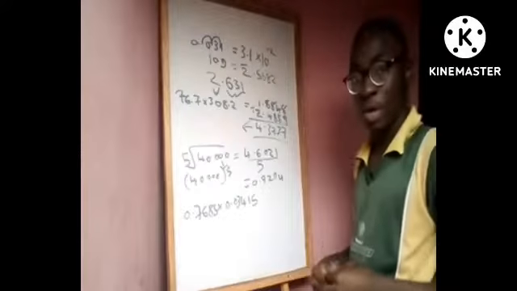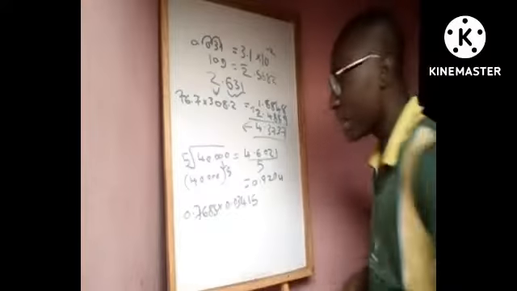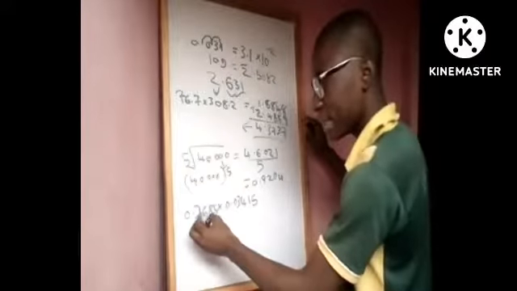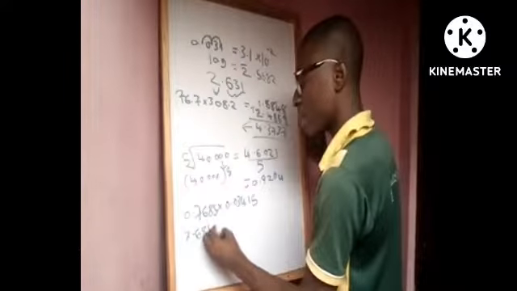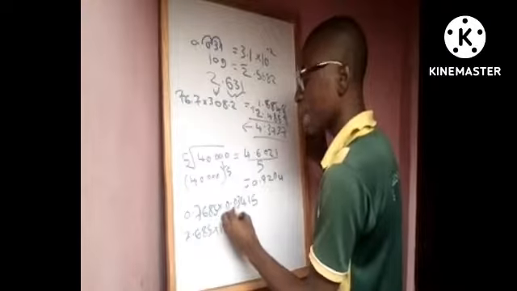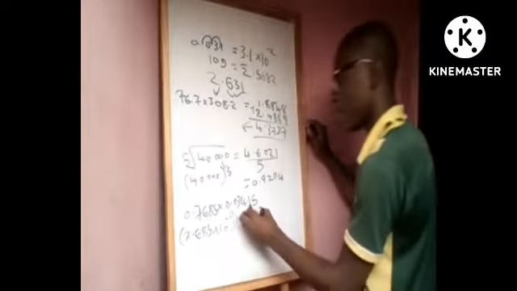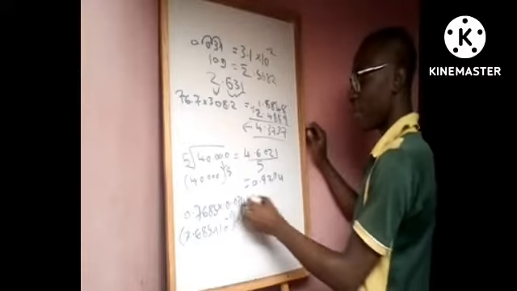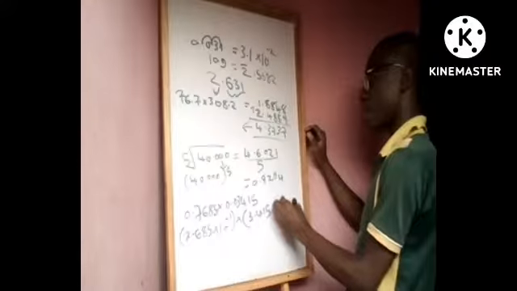In this example, what we are going to do is express these numbers in standard form. 0.7685 will be 7.685 times 10 to the power minus 1. Let's enclose it in brackets to distinguish it as a number on its own. Then multiply it by 0.03415. That will be 3.415 times 10 to the power minus 2.